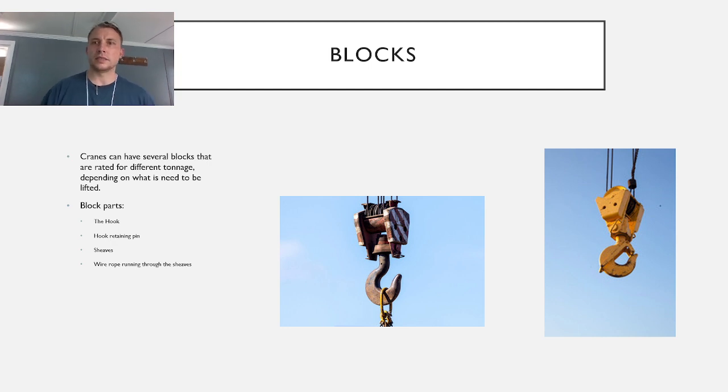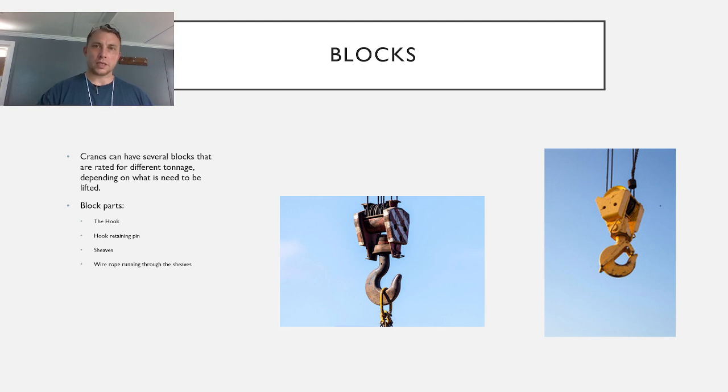The blocks come in different sizes. There's a ball, all the way up to 100 ton, 50 ton, it just depends on what size of loads you're picking up. On every block there's a hook, a retaining pin, sheaves, and wire rope that runs over the boom and down and under and over these sheaves and back up to the crane and back down.